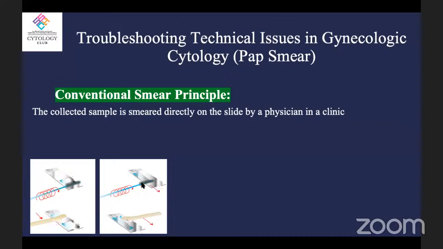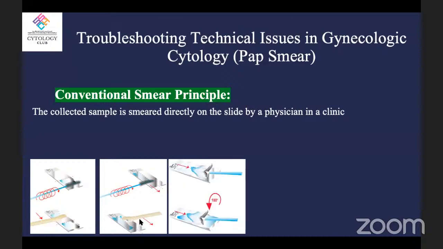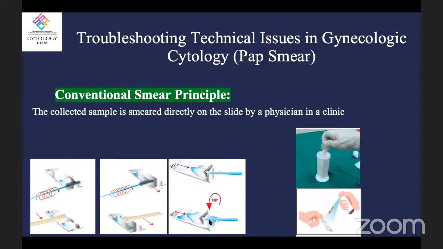In another way, they smear the endocervical brush on the left side and the spatula on the right side. Or if they are using a broom brush, they smear it from up to down, then they flip the brush and again smear it from up to down and immediately fix it in 95% ethanol or using fixative spray.